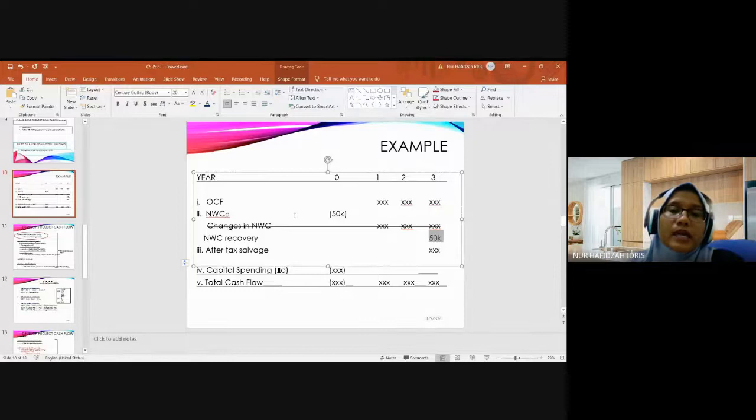Okay, so another example, kalau dia kata this project will save the company net working capital, will save 50,000 of the company net working capital. So word dekat situ, dapat menjimatkan company punya net working capital sebanyak 50,000. So that word refers to the cash inflow or cash outflow?